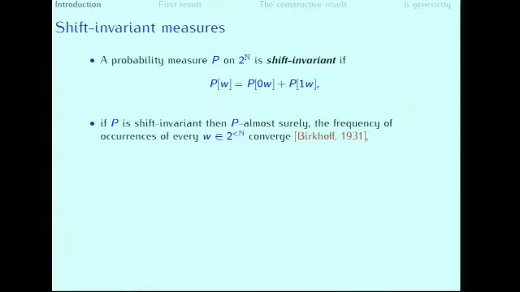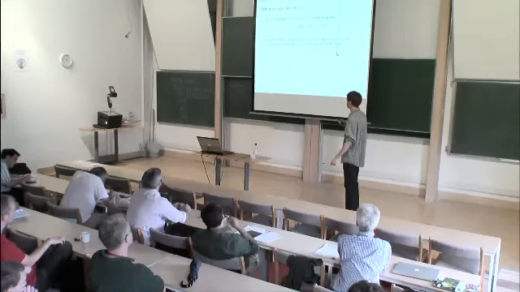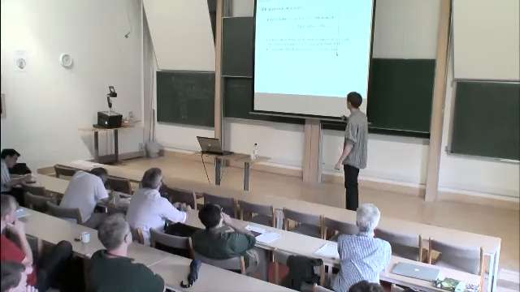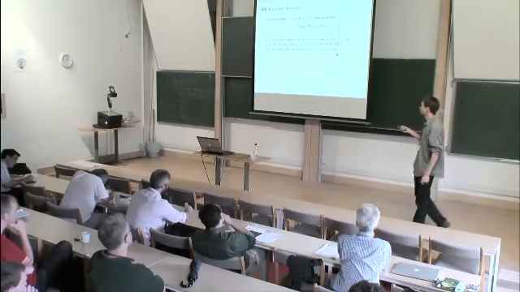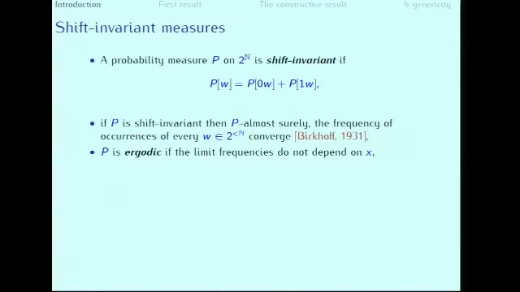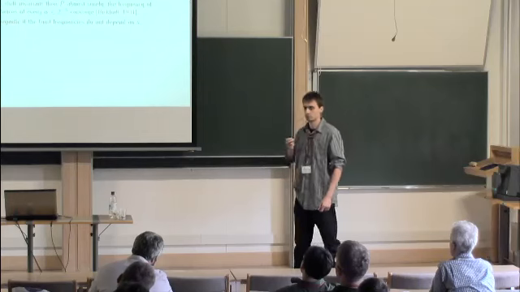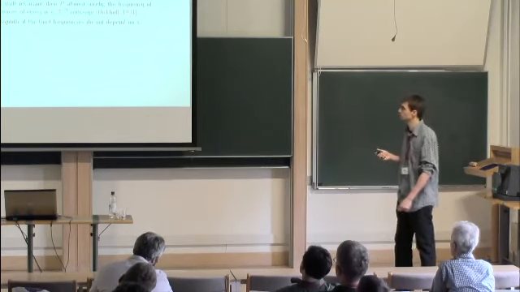If the parameters of the Bernoulli measures are P and Q, half of the sequences will have frequency of ones P and the other half will have Q. So actually, we can put a definition on that and say that a shift invariant measure is ergodic if the limit frequencies do not depend on X. Every Bernoulli measure is ergodic. If you toss a coin, whatever the sequence, you will get the same frequencies at the limit.